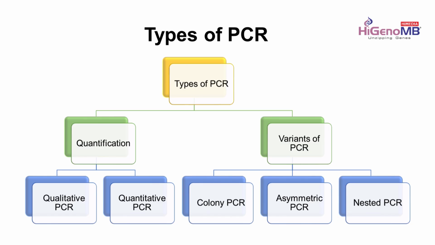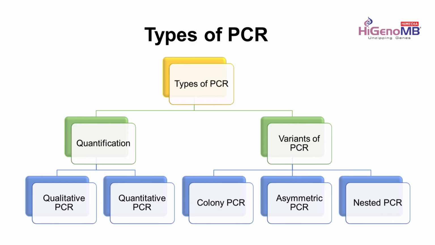It is useful in the generation of probes. There are probes called hybridization probes, which have multiple uses, like Southern blotting or Northern blotting, or nowadays in next-gen sequencing you use hybridization probes to pull out the gene of interest. In all those things, asymmetric PCR has its application.